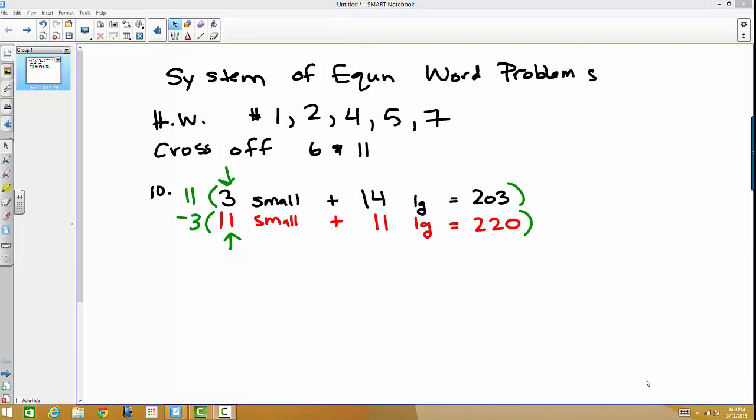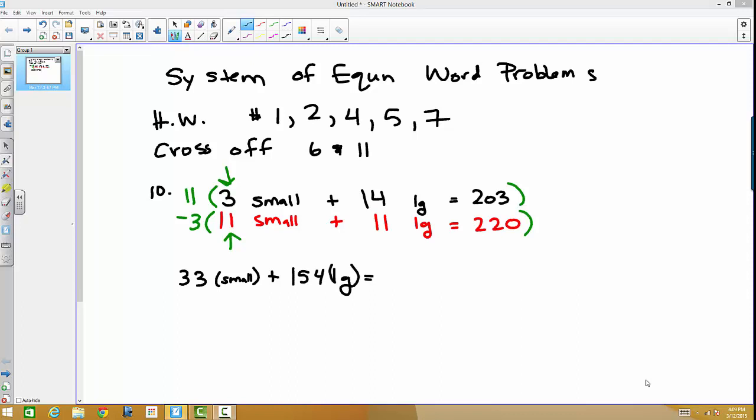So the top equation becomes 33 small plus 14 times 11, grabbing a calculator, is 154 large. I'm going to put that so you don't think it's a 1.